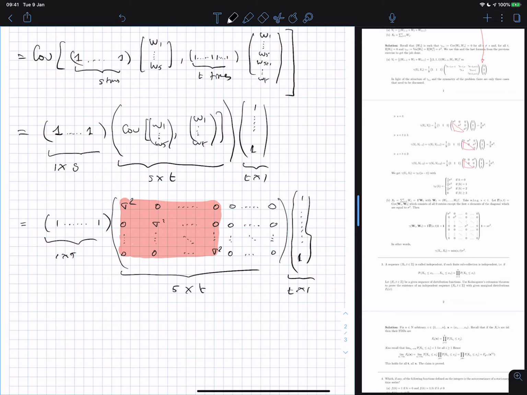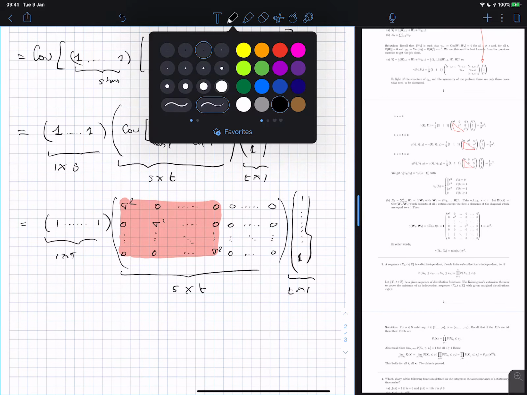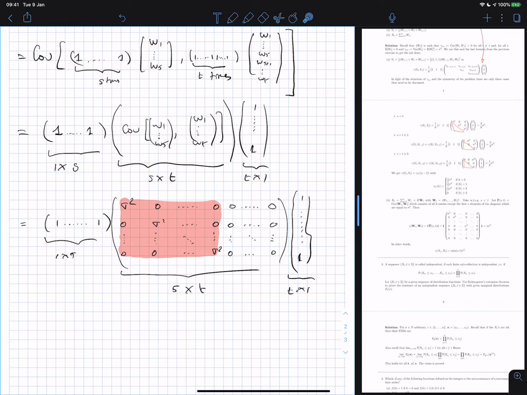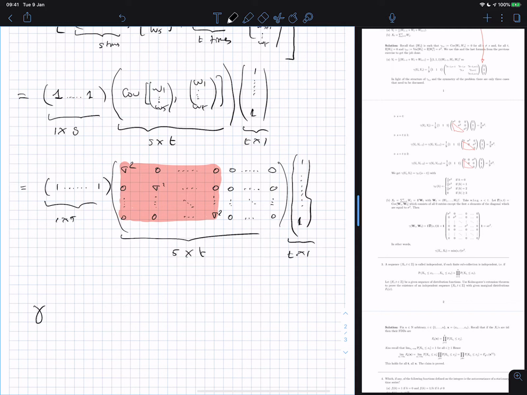Sorry, why are there the zeros? Well, the matrix gamma of ij is the covariance of wi with wj for i going from 1 to s and j going from 1 to t.